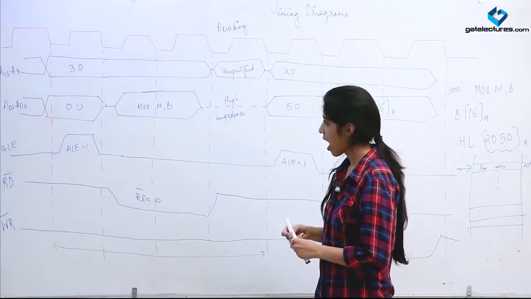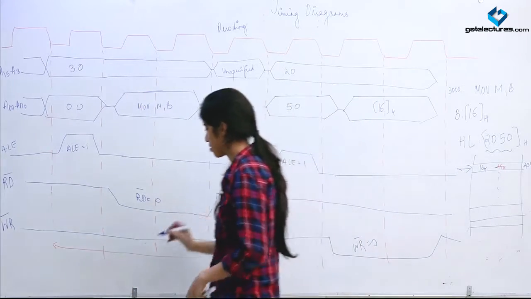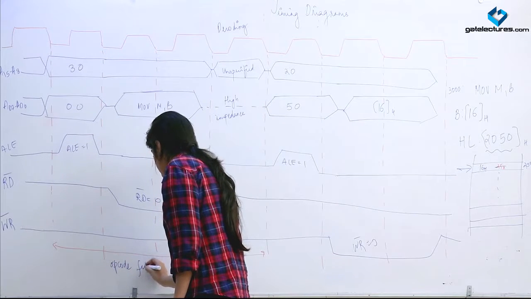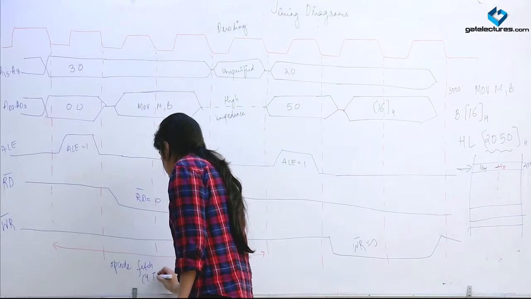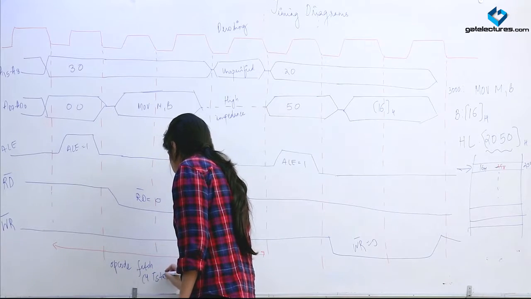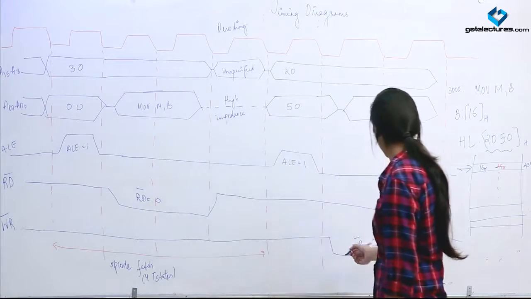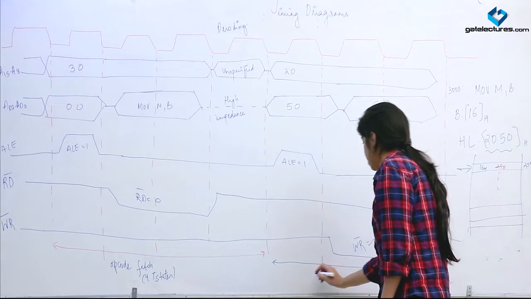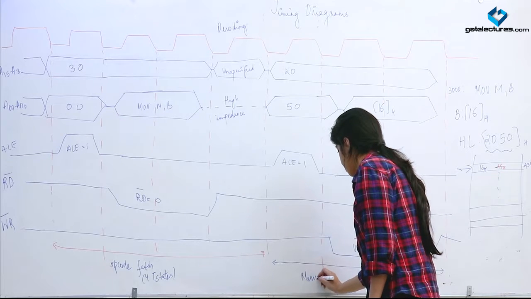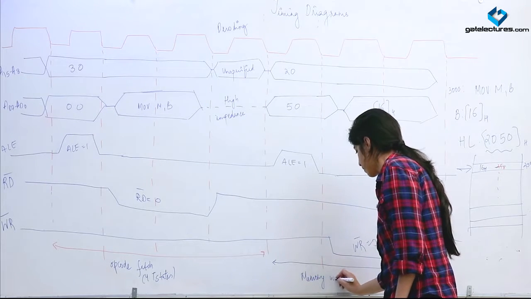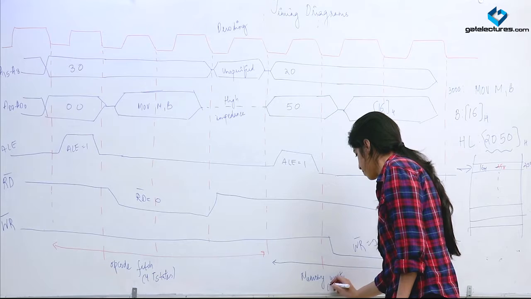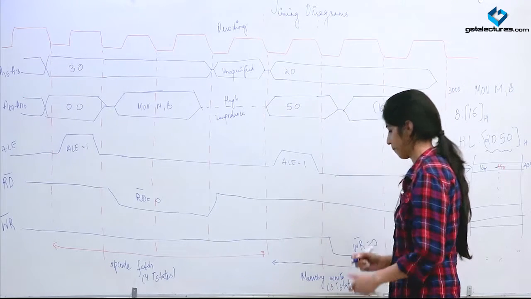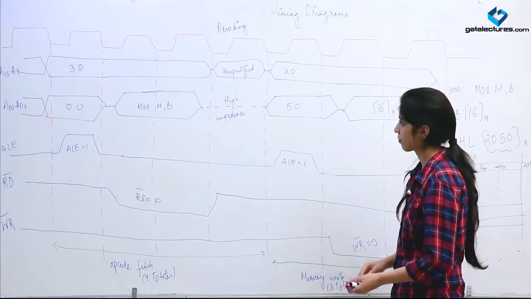The first 4 T states are used for opcode fetch, that is, to fetch MOV M, B. Opcode fetch takes 4 T states, and the next 3 T states are used for memory write. Memory write uses 3 T states.